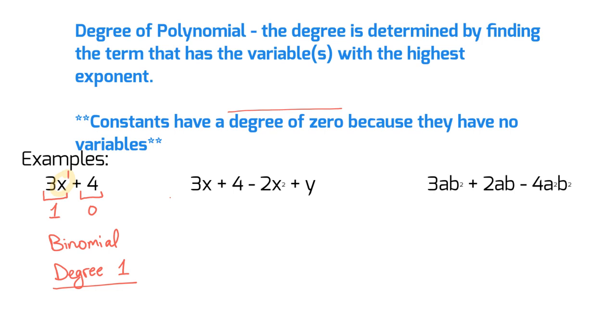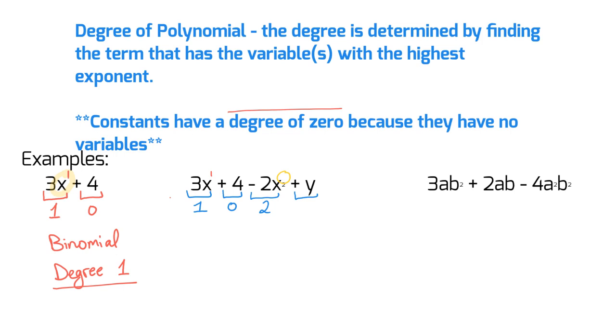In our second example, we have 4 separate terms. And again, we're going to look individually to figure out what is the highest exponent of each term. In the first one, again, we have just the variable, so we know that the first term has a degree 1. The second term is a constant, so that is degree 0. The third term has an exponent of 2, so this is degree 2.